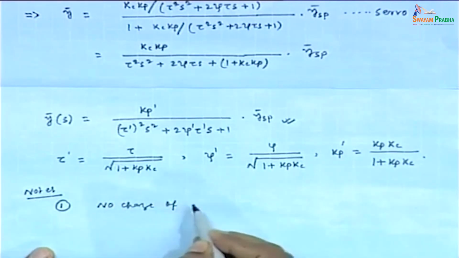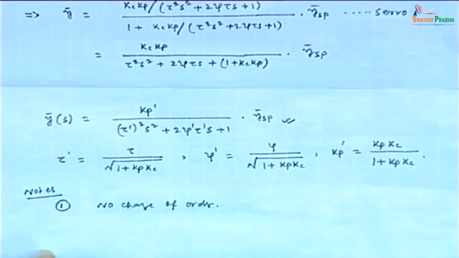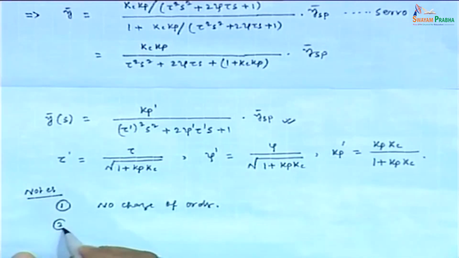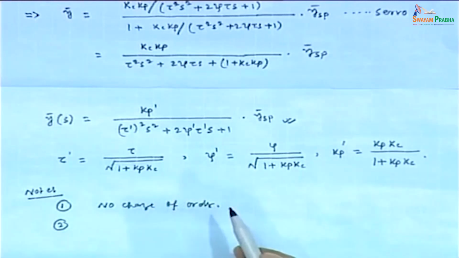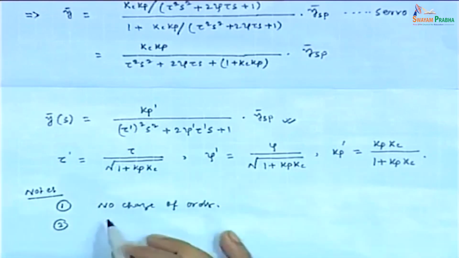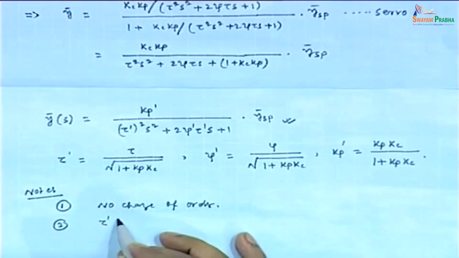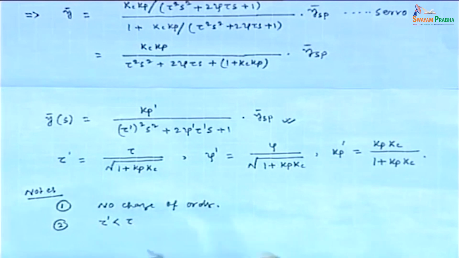Secondly, if we see the expressions, tau prime is less than tau, and zeta prime is less than zeta.